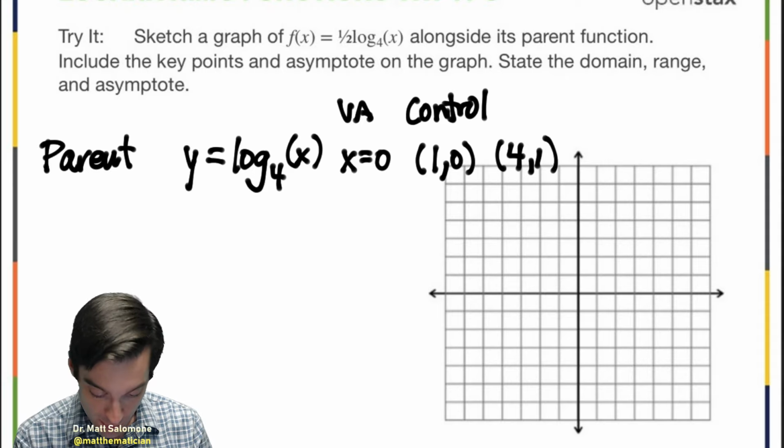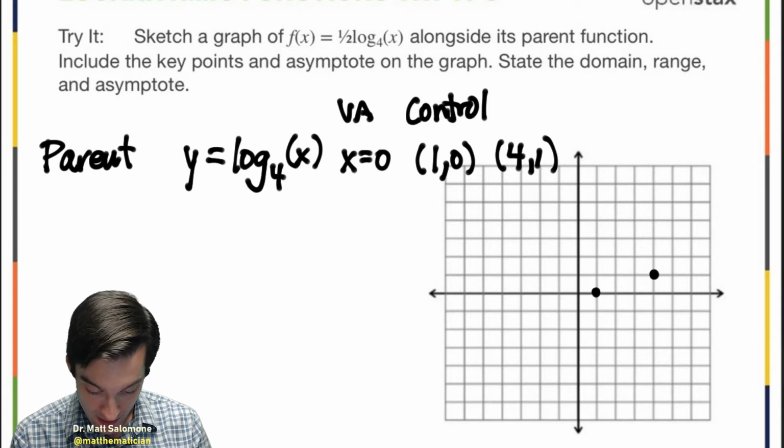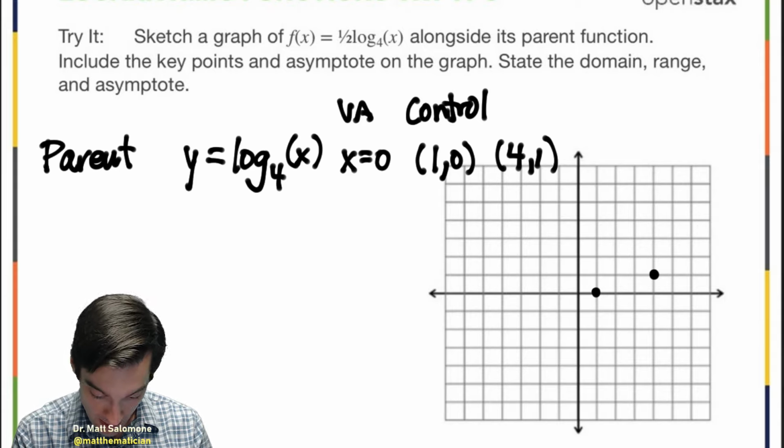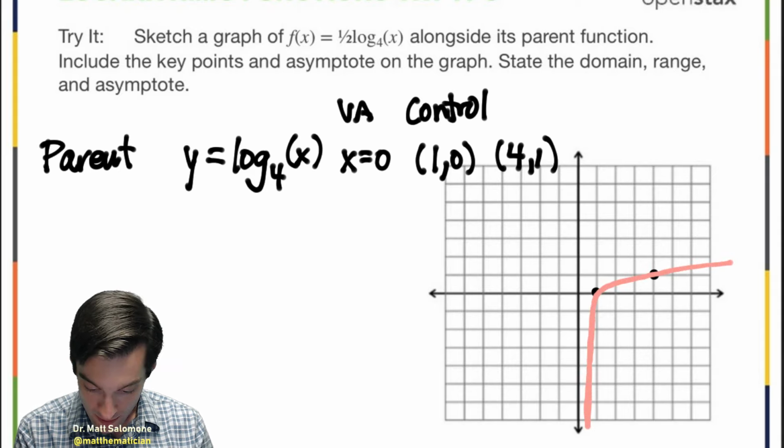Okay, so those are 2 points that my original parent function graph is going to go through, (1, 0) and (4, 1). And its vertical asymptote is on the y-axis. So there is my parent function, y equals log base 4 of x.